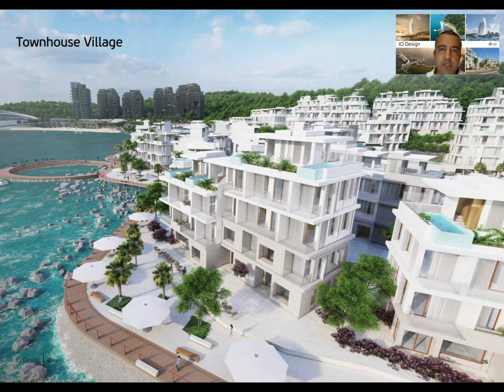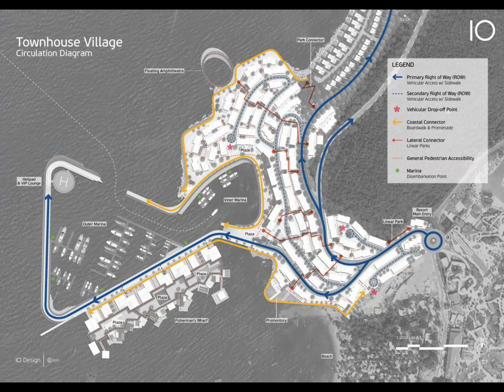We established a vehicular hierarchy and communication between circulation from the pedestrian point of view as well. Just to highlight, vehicles on this island are limited to electric golf cart kinds of vehicles.